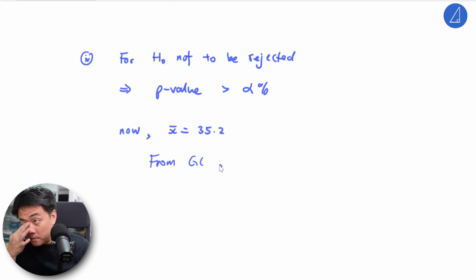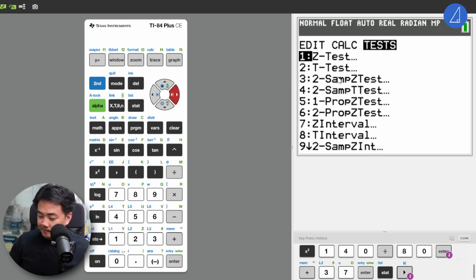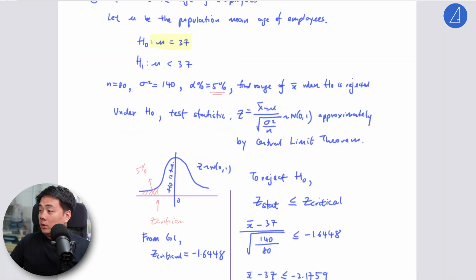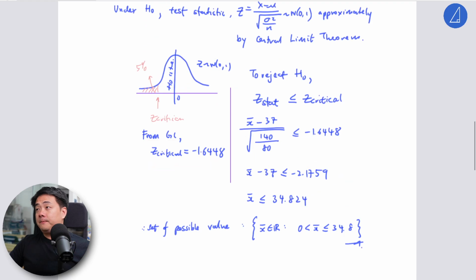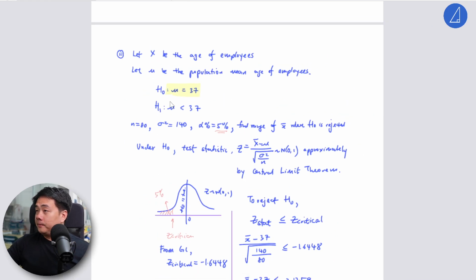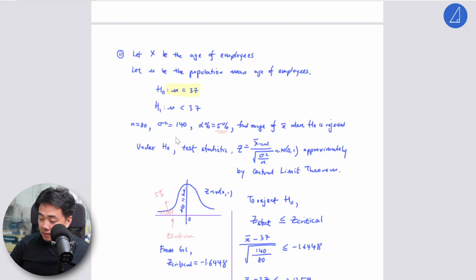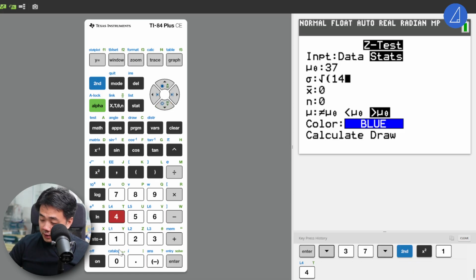Find out what the p-value is. Go to stats, go to calculate test, so Z-test. Mu naught is 37. You don't need to rewrite the entire thing because it's the same distribution. Sigma is the square root of 140.